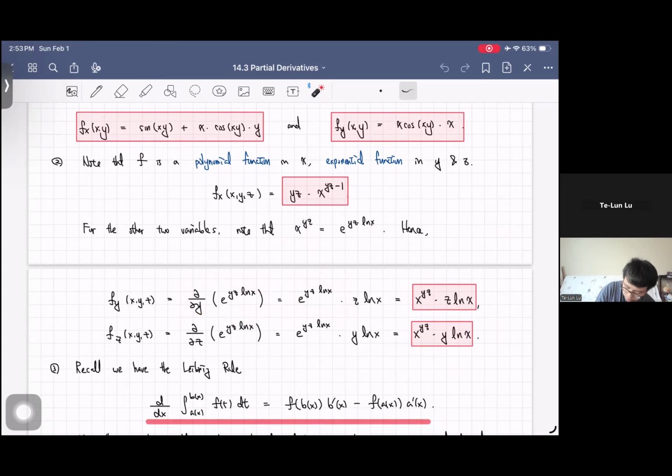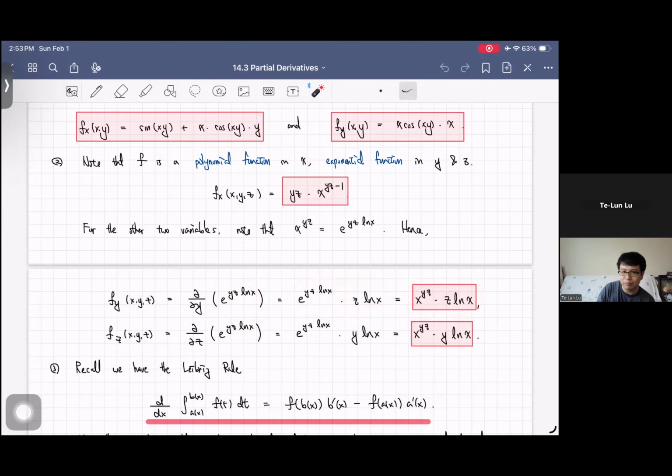And then you differentiate the exponent, which you get z ln x, because this is something just like y times 2. 2 is z ln x, so you get 2. Combining those things, you get z ln x together with the original function.